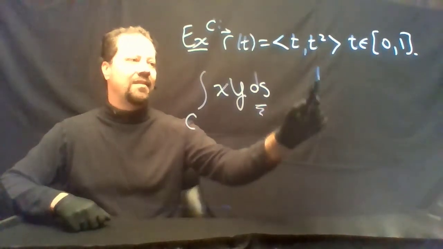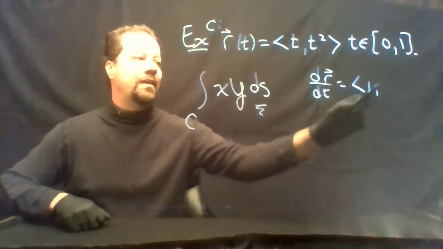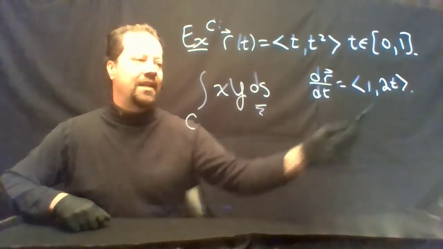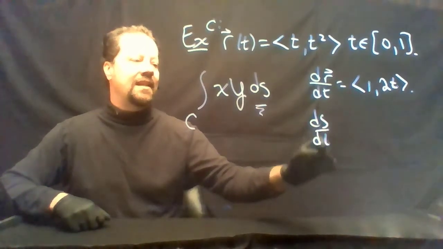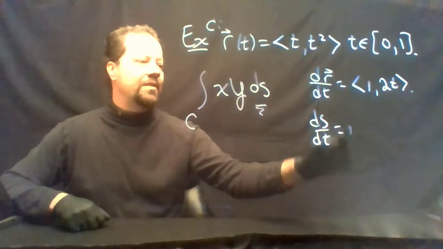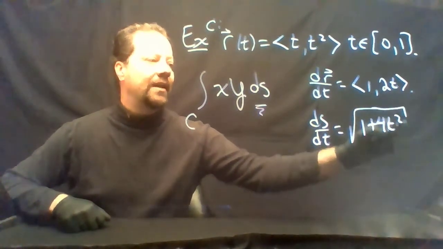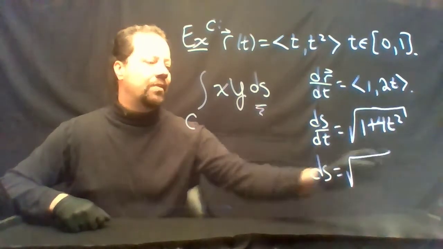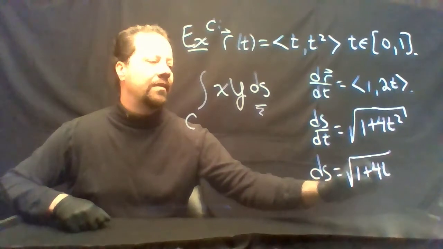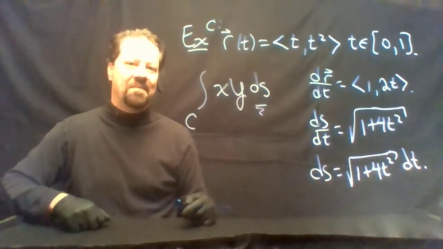In this case, dr dt is 1, 2t, which means that the speed ds dt is the norm. It's the square root of 1 plus 4t squared. That means the element of arc length is the square root of 1 plus 4t squared times dt.